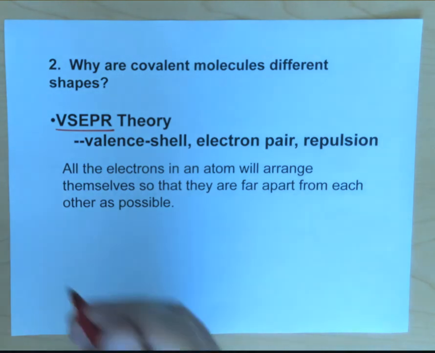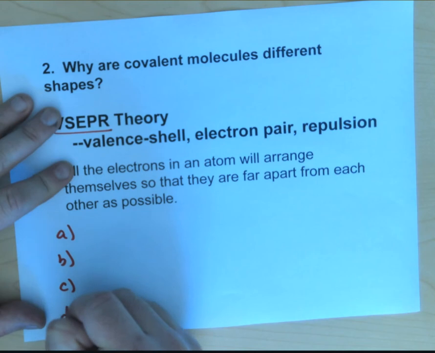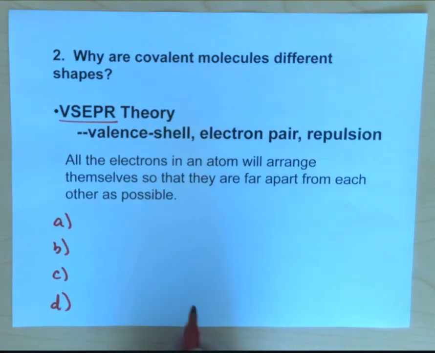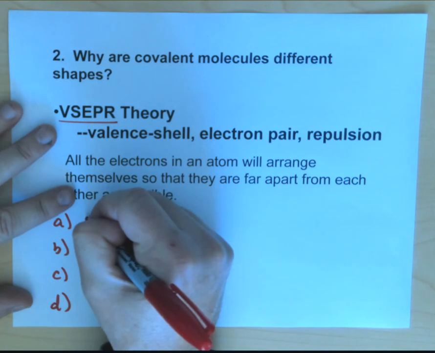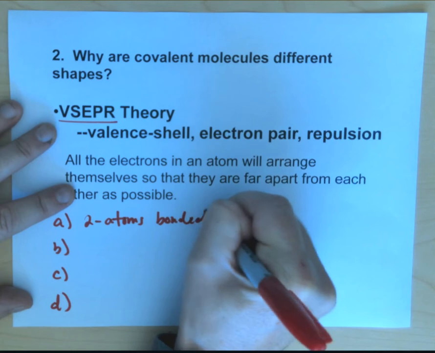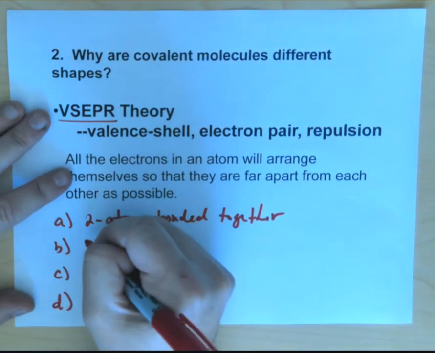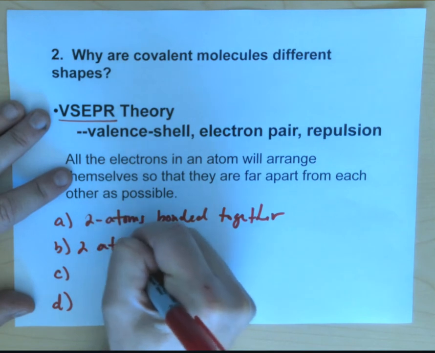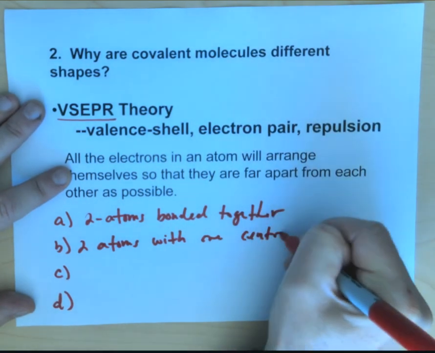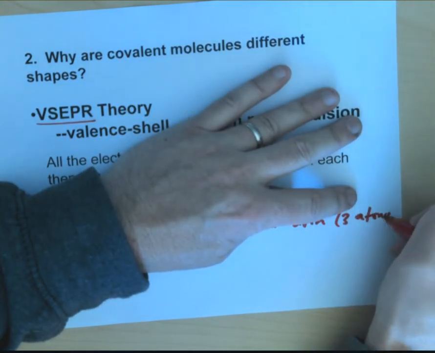So we're going to be looking at 4 different bonding situations, and these different bonding situations are going to lead to different shapes. The first one is when we have 2 atoms bonded together. The second is when there are 2 atoms with 1 central atom, or 3 atoms bonded together.